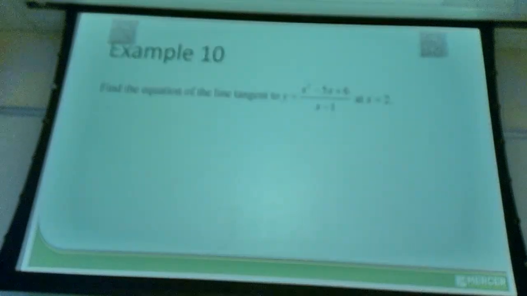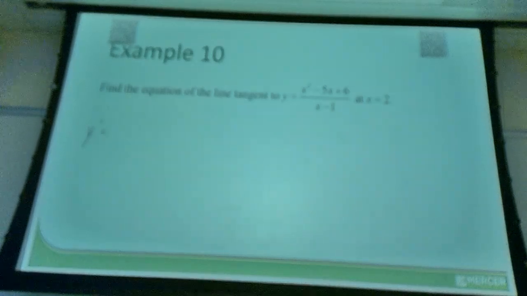Equation of the line tangent to that hideous thing at x equals 2. First we need y prime. What rule do we have to use?